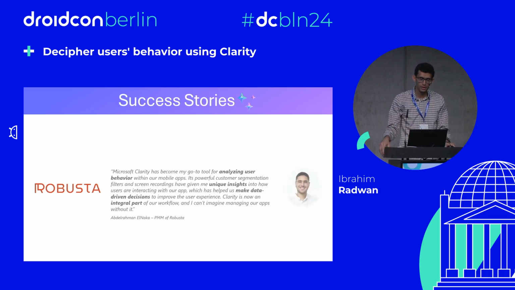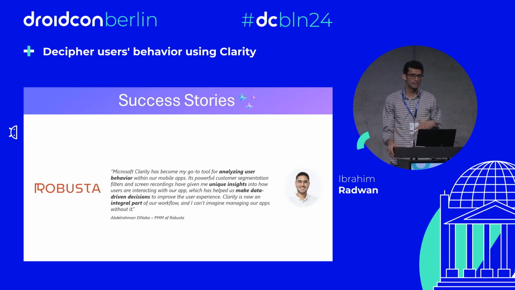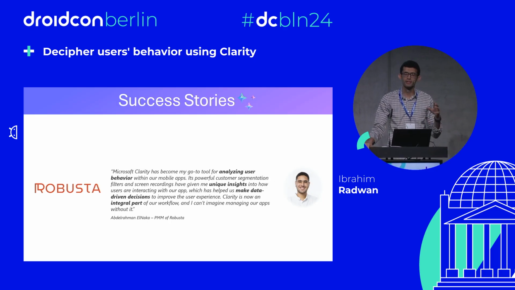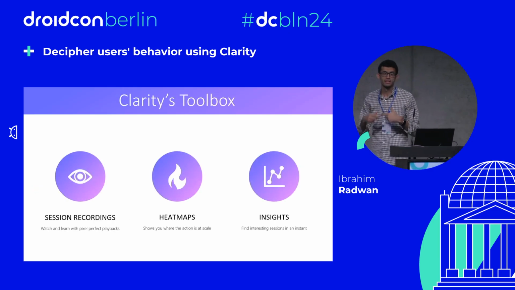And again, as you can see, a great success here. In their own words, they said that Clarity helped them analyze user behavior, getting unique insights, and based on these insights, they were able to make data-driven decisions, and hence Clarity became an integral part of their workflow.